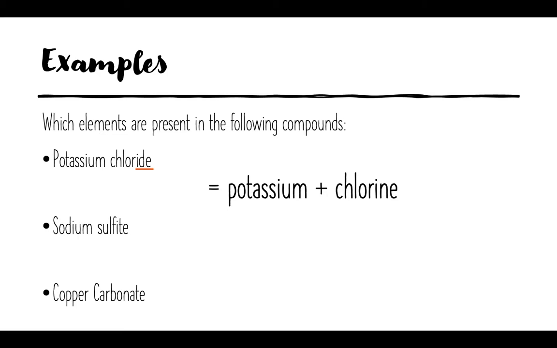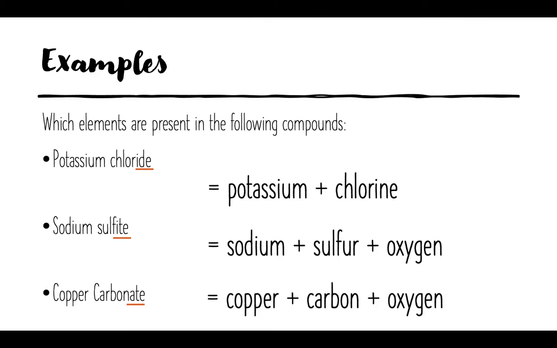So, sodium sulfite is made of sodium, sulfur, and oxygen. ITE means oxygen is present. Now in this example we have the ATE ending, and again that tells you that there is oxygen present in the compound. So in this one we have copper, carbon and oxygen.